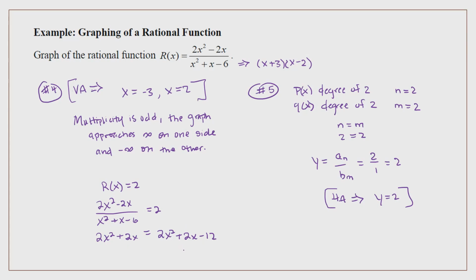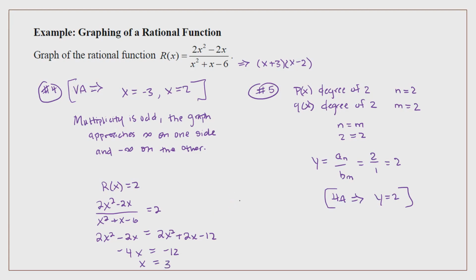Wait a minute. That should be negative. Like, that shouldn't cancel. So that means there's an error. That should be negative. Now, when I move 2x to the other side, that will be a negative 2x, which would give me a negative 4x and leave negative 12 on the right-hand side. When I divide by negative 4, I get x equals 3.